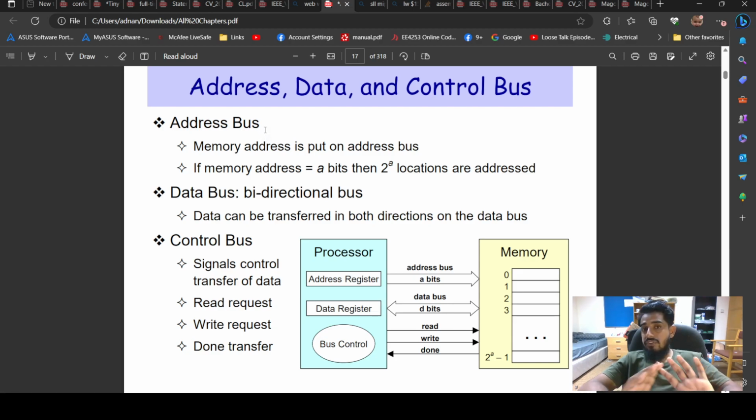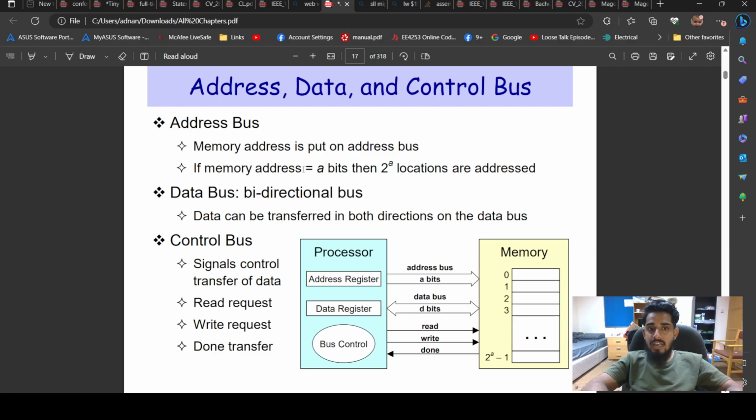I told you there are three types of buses. The address bus is about the memory locations. As I told you, memory locations have different addresses, so the address bus will take the addresses of these memory locations. The memory addresses are put on the address bus. This is a very interesting thing: if a memory address is a bits, how many locations are addressed? 2 raised to the power a.